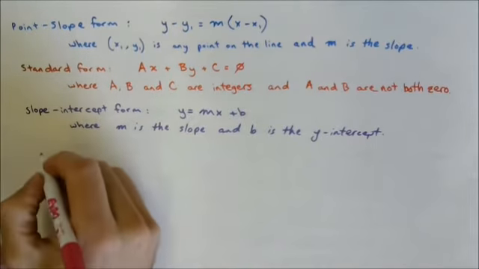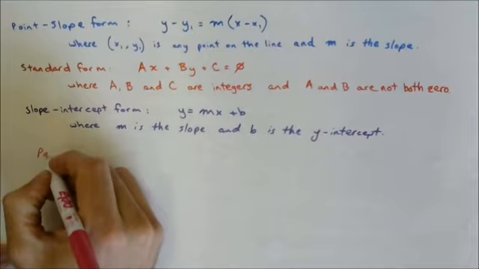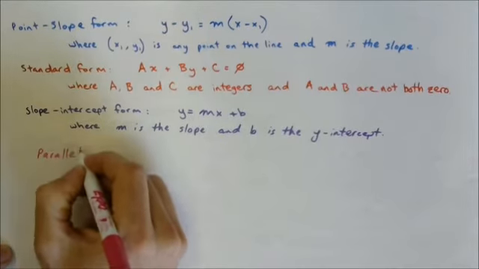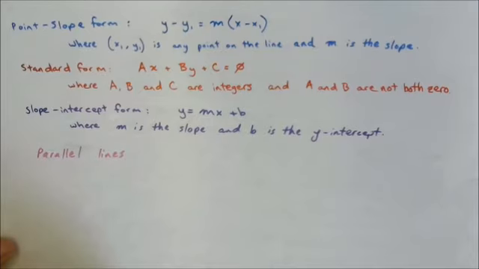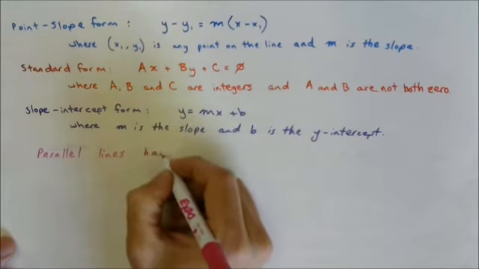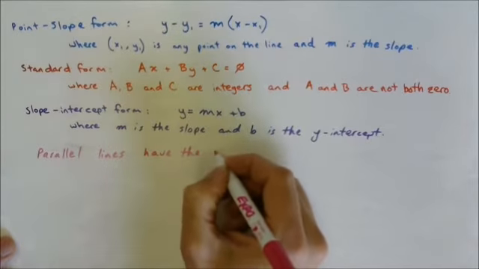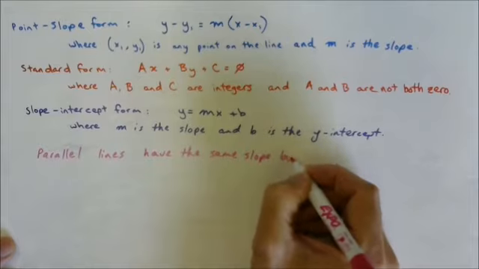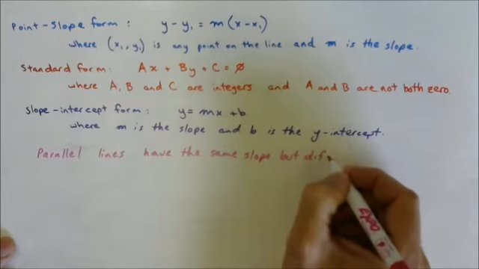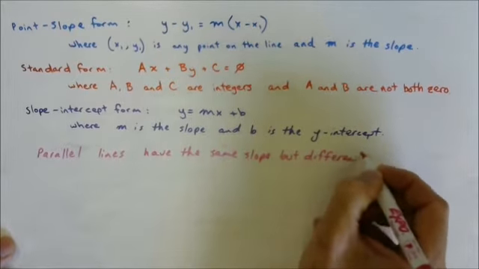And then just briefly for the sake of review, parallel lines have what? The same slope. Parallel lines have the same slope, but different what? Different y-intercepts, thank you.